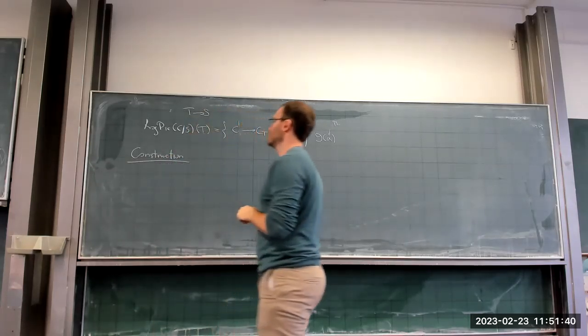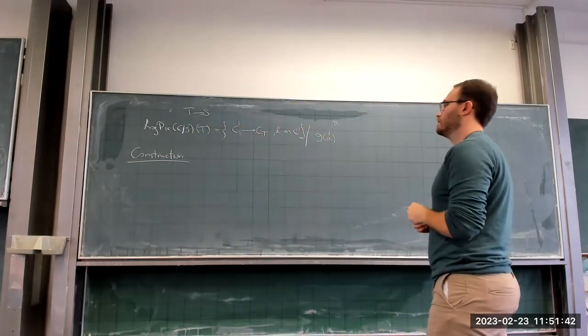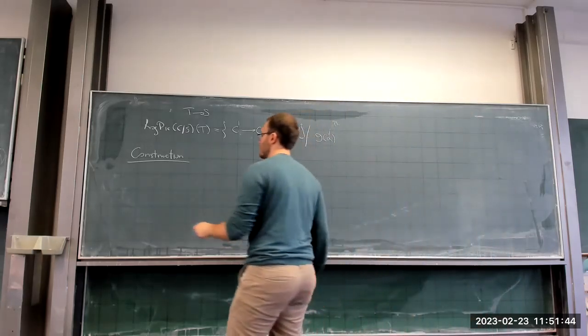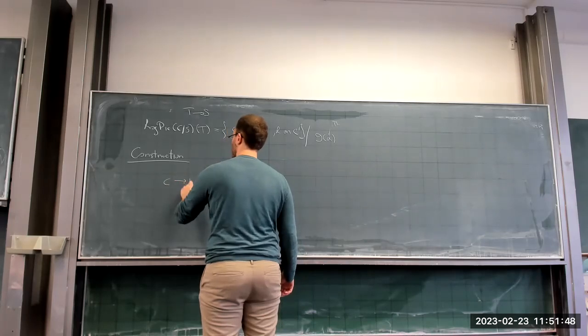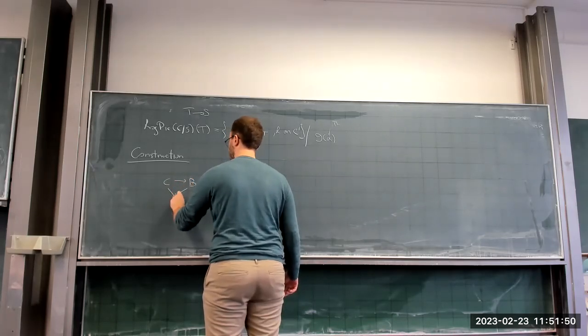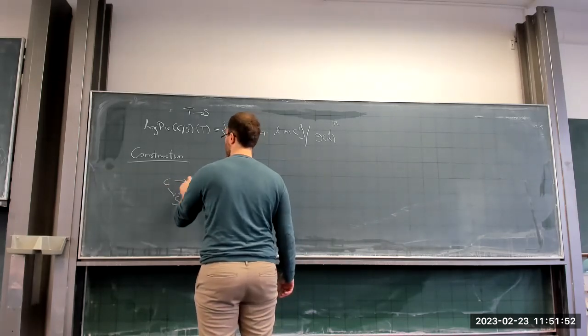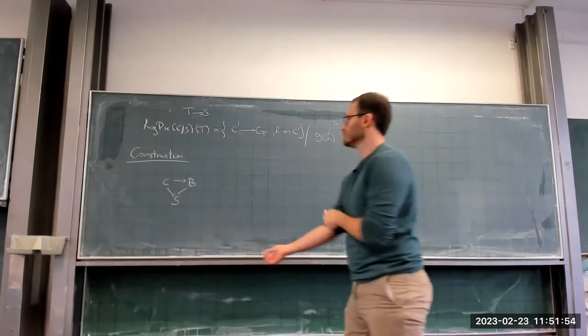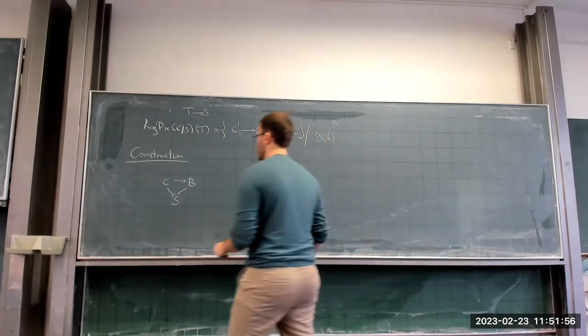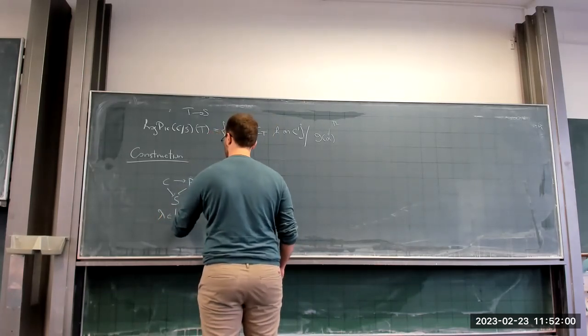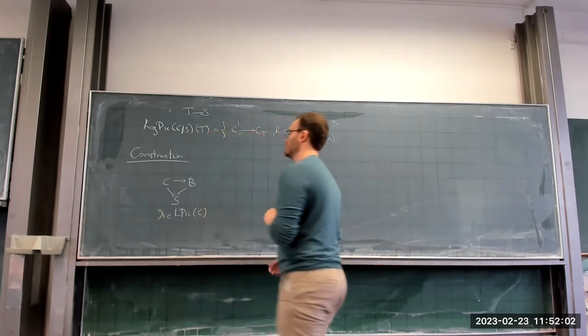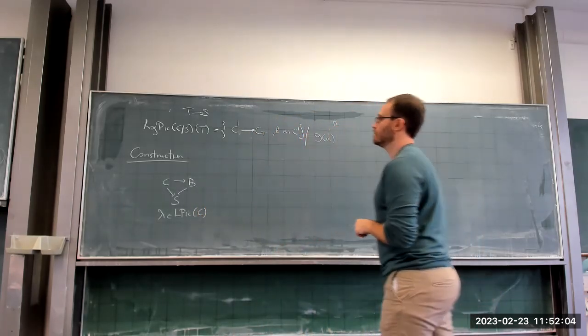It's not that difficult. So I'm going to start with my original family. I had C to be the curves over S, the moduli log flat. And I'm going to take a torsor. I'm going to take an element on the log Pic of C, lambda.